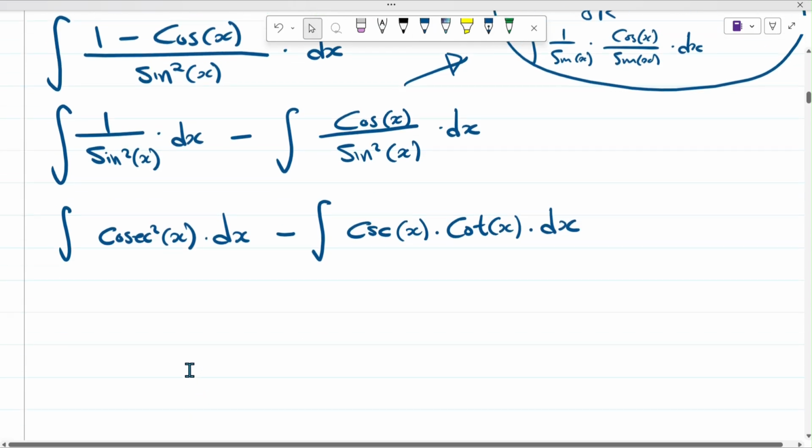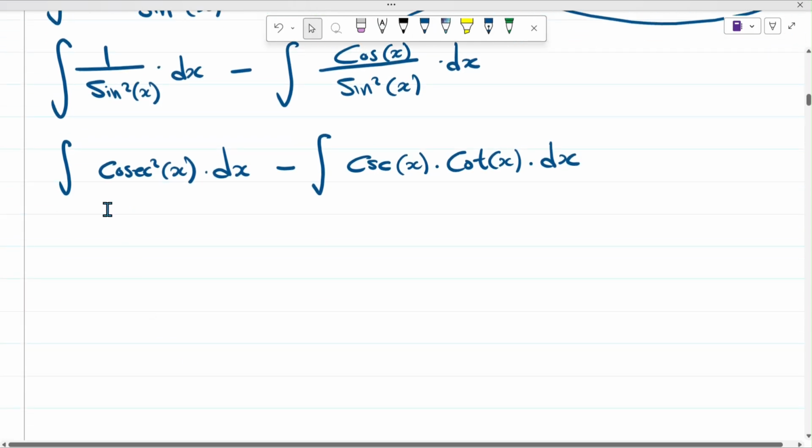Now we ask ourselves, what was differentiated for us to get cosec squared x? The derivative of the argument x is 1 here, so we don't have to worry about it. So we ask ourselves, what was differentiated for us to get cosec squared x?